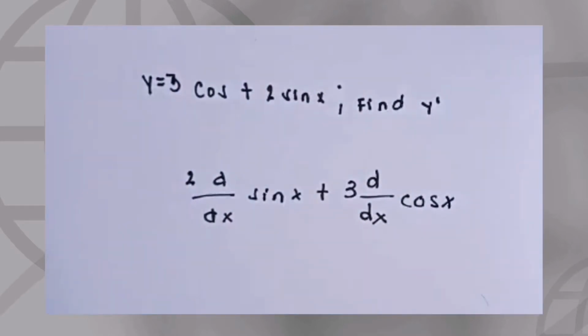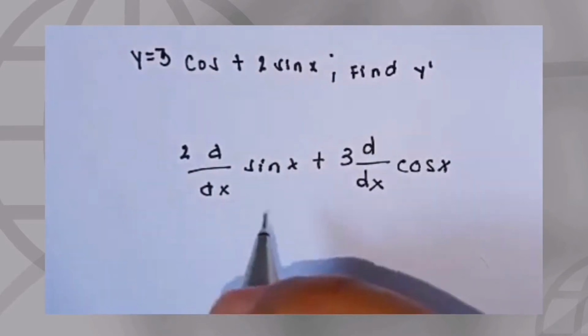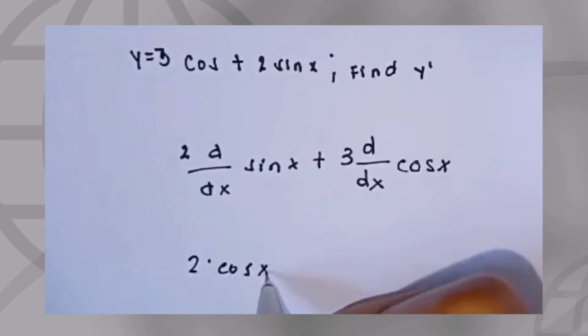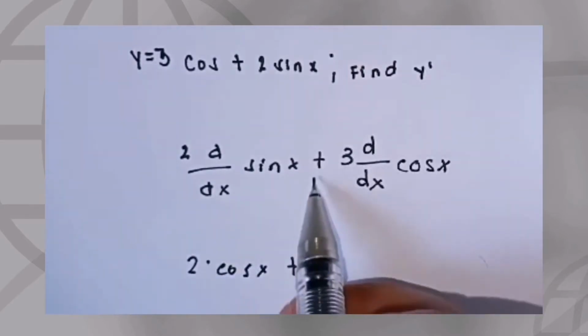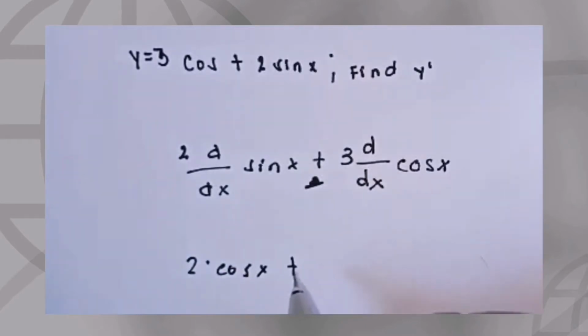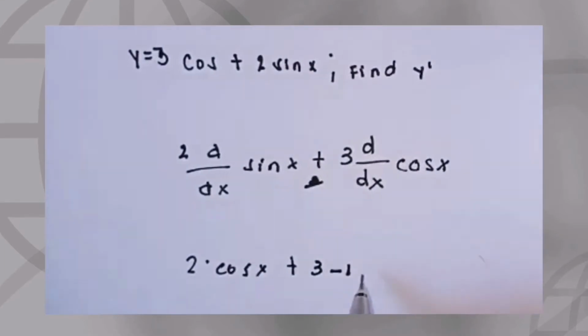So the next thing we are going to do is to get the derivative of this function. The derivative of sine is cosine x, and plus, since the given is plus, we're just going to copy. Plus the derivative of cosine is negative, so we're going to make negative 1 sine x.